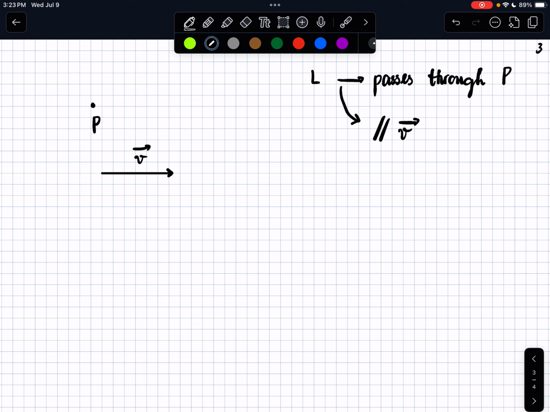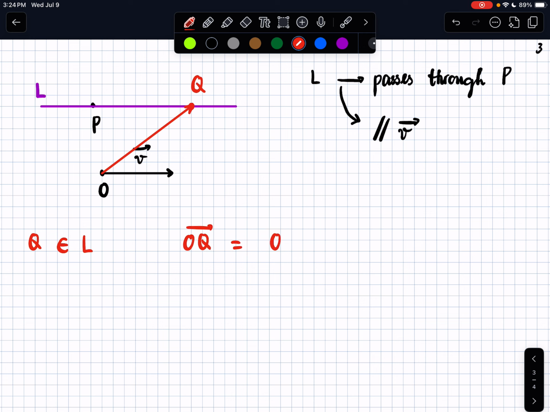Then the line L passing through P parallel to V has this arbitrary point Q on L. Then we can compute vector OQ by OP plus PQ, and we do the same thing as we did in the two-dimensional case.